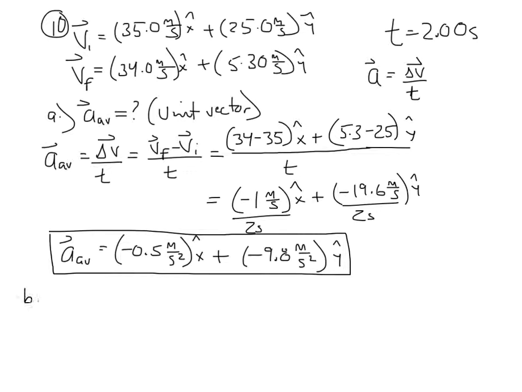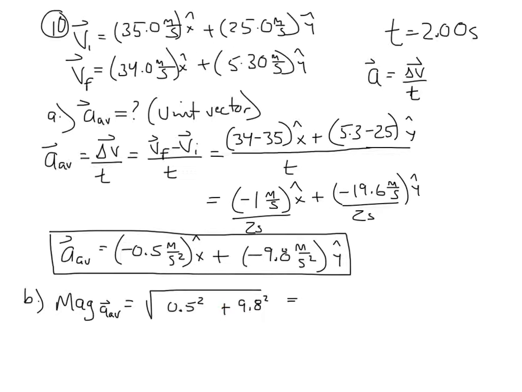Real quick, part B, we're asked to calculate the magnitude of the average acceleration. Let's find magnitude and direction because we're used to that. The magnitude of the average acceleration vector, we get by taking the square root of the x squared plus the y squared. It's 0.5 squared plus 9.8 squared. Again, I left off the minus signs right here because they're going to go away anyway.